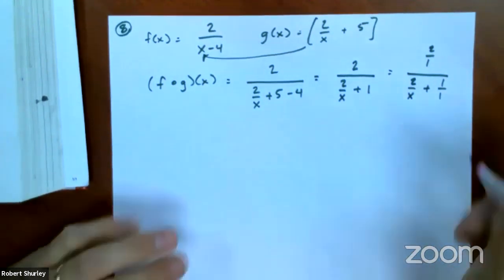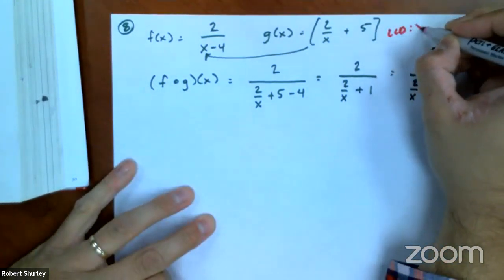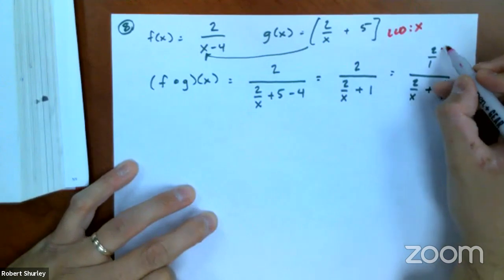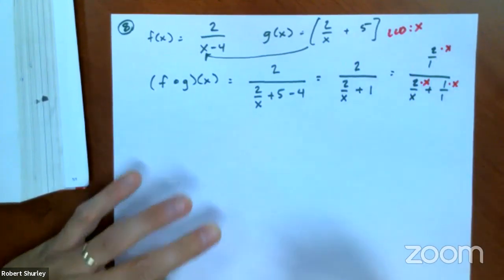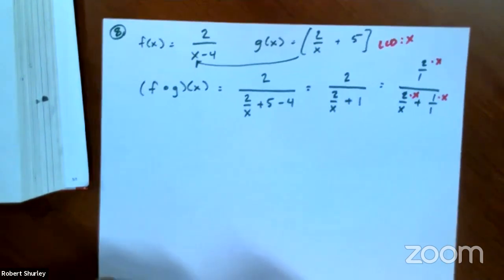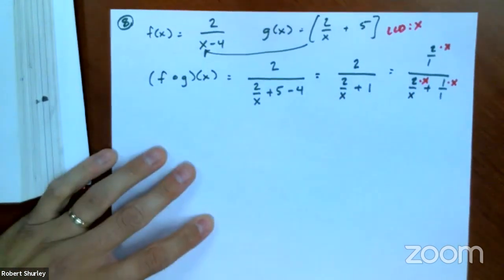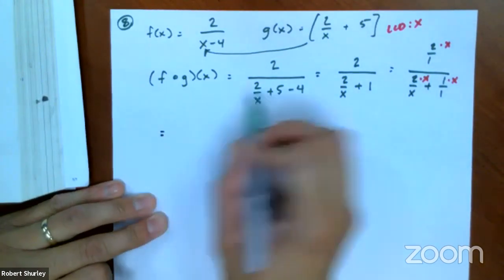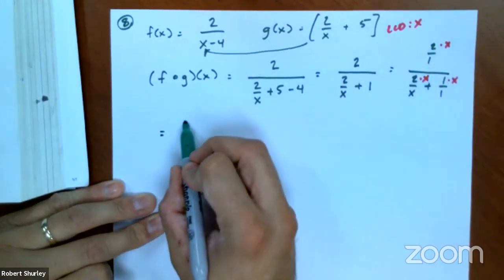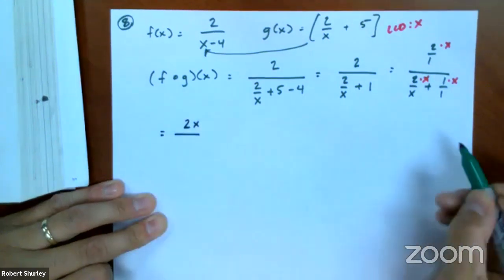So the common denominator, the LCD, would just be x. So what you do is multiply every numerator by x. We're not violating anything, because with fractions, as long as you multiply everything on top and bottom, you're fine. So this winds up being 2x over 1, that's just 2x in the numerator.